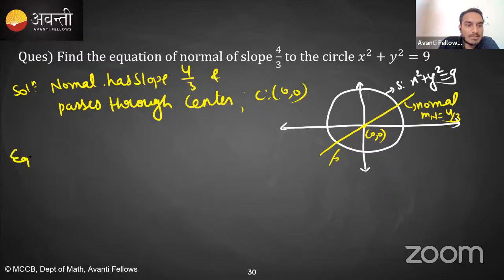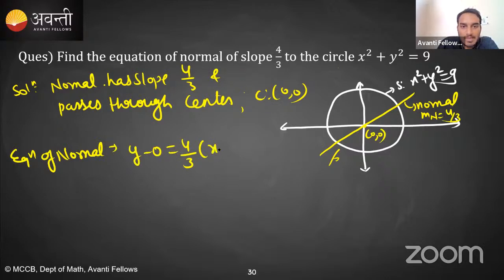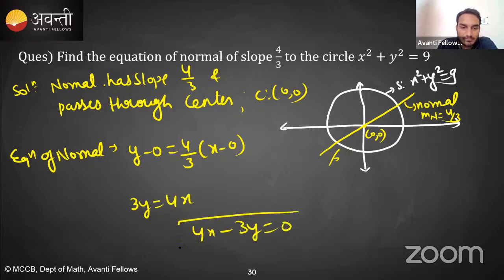So the equation of normal is y minus y1 is equal to slope into x minus x1. So 3y is equal to 4x. So 4x minus 3y is equal to 0. Is this clear, students? Tell me quickly in the chat box.